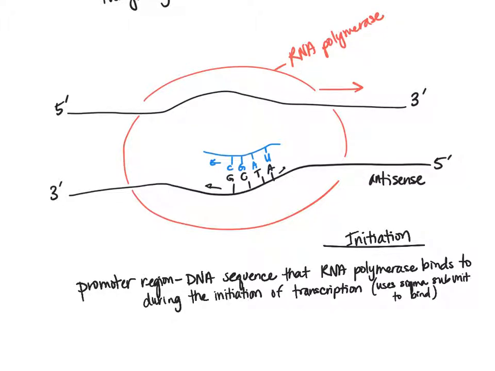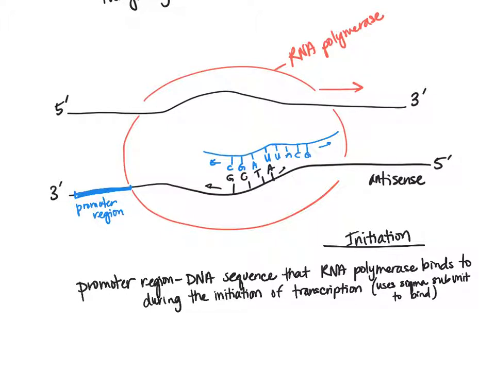So we're going to draw in our promoter region here. So I'm going to just put in this box here. This is going to be our promoter region. So we've already gone past the promoter region if we think about it here.